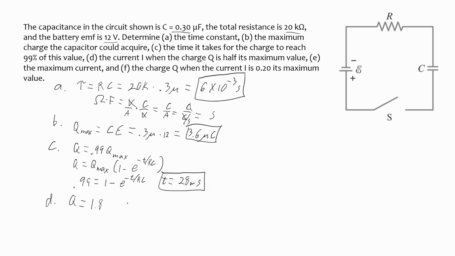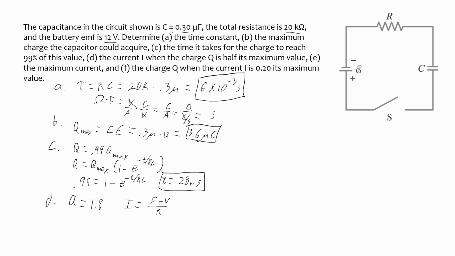And then we can also say that the current is going to equal E minus V over R. This is just V equals I times R, where we're taking V as the battery voltage minus the voltage on the capacitor. So it's kind of like the net voltage here equals I times R. And then if we divide that across, we end up with this expression here.